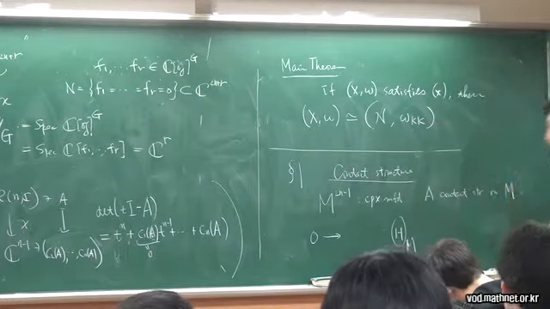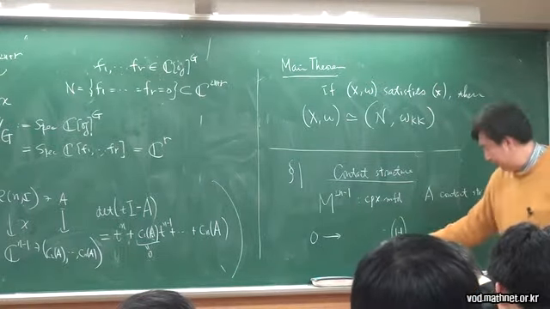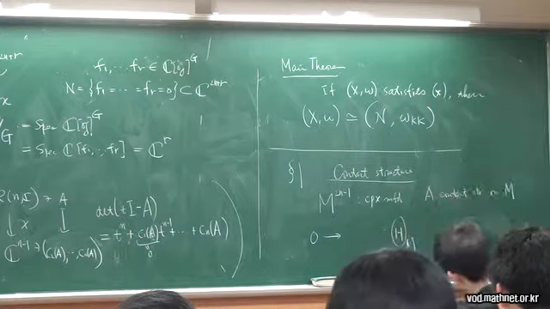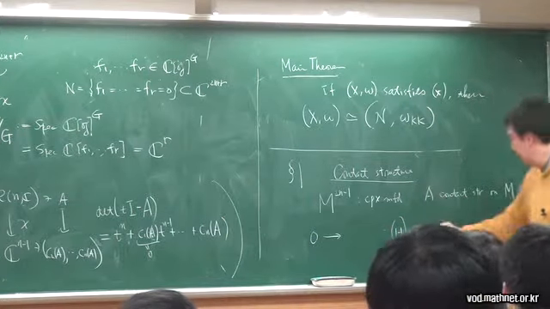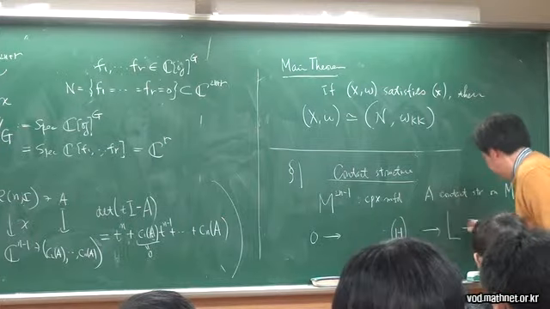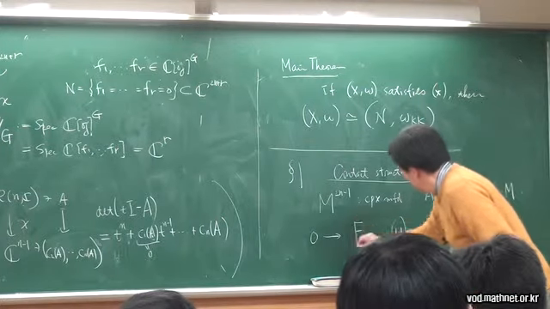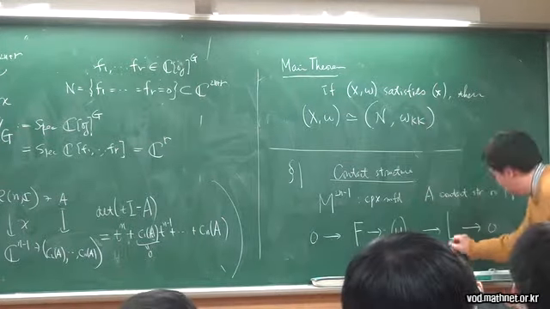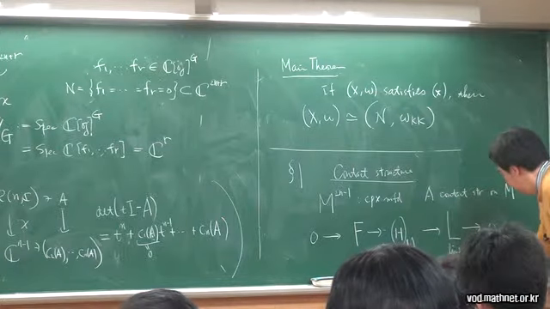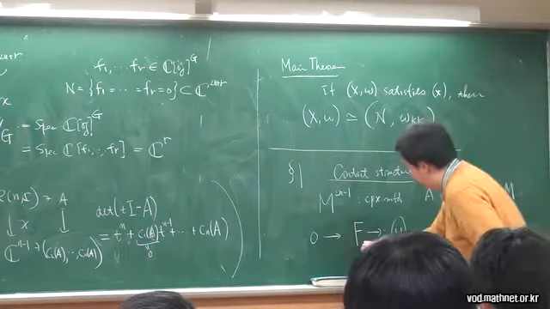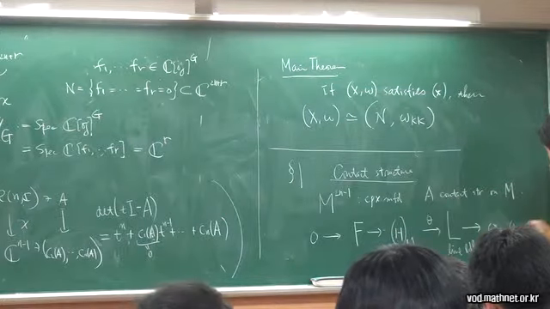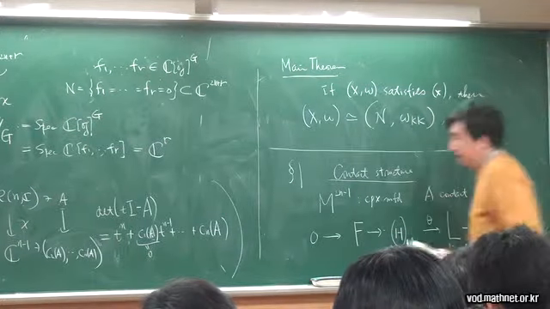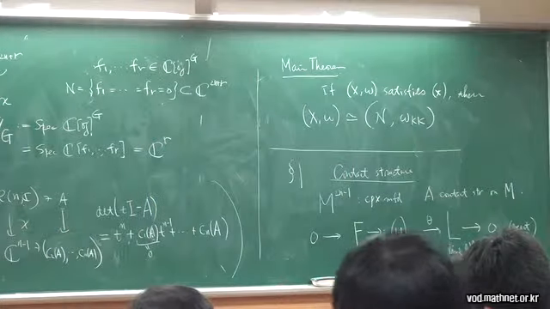Here you have a tangent bundle, a vector bundle of rank 2n minus 1. The exact sequence consists of the following: here, this is a line bundle, this is the tangent bundle, and this is the kernel of this map. And this is an exact sequence of vector bundles such that the following property holds.